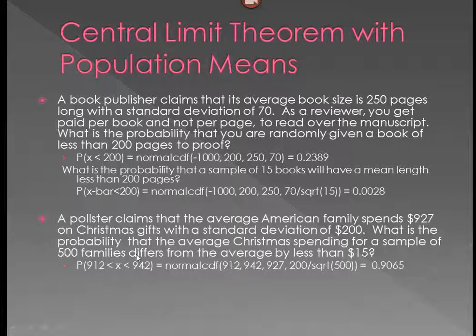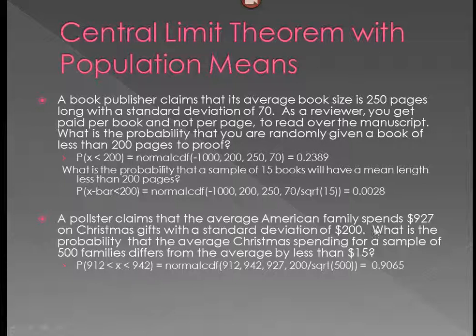Now, this is for a sample of 500. If we were just taking individual families from the population and comparing whether they would fall within $15 of the population mean, we can see that's going to be a much smaller portion of my population. Why? Because 68% will lie within $200 of 927.